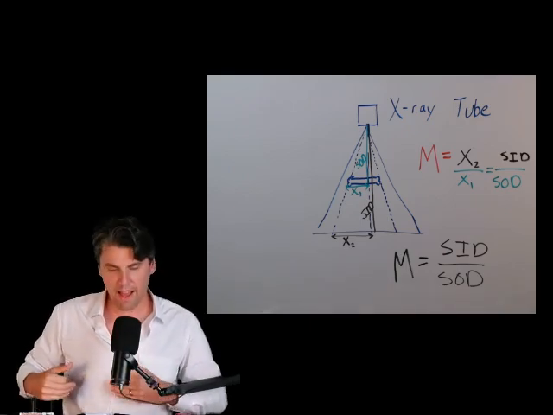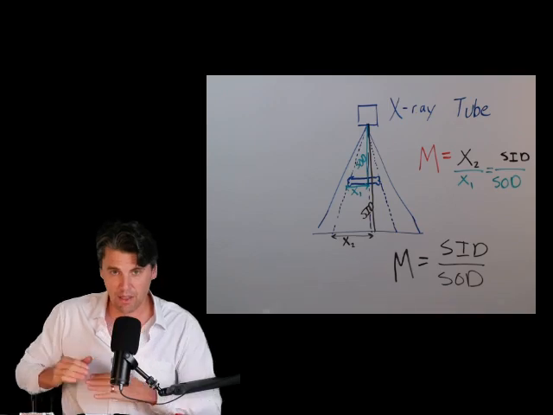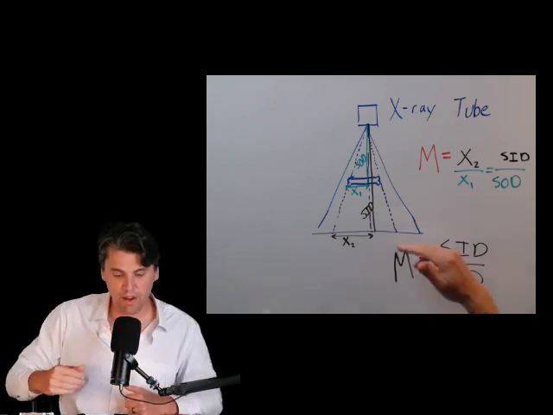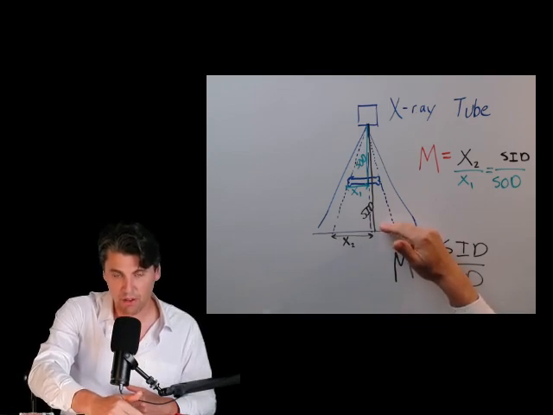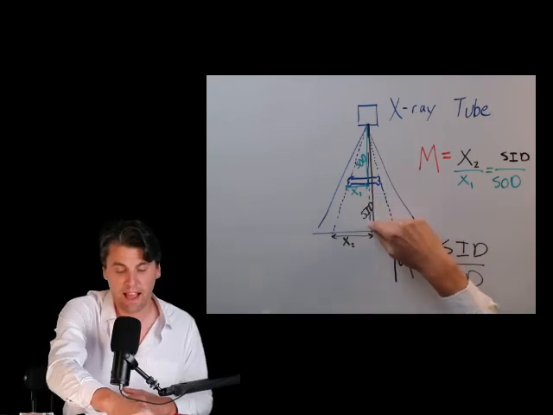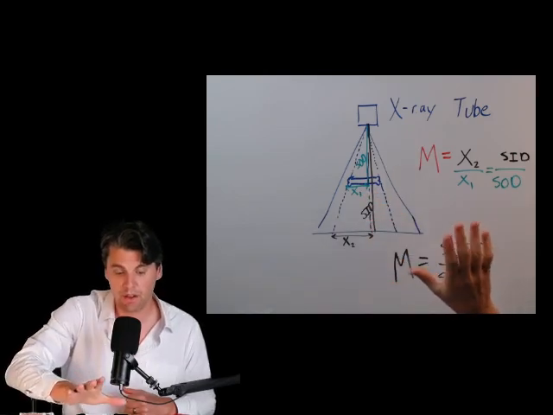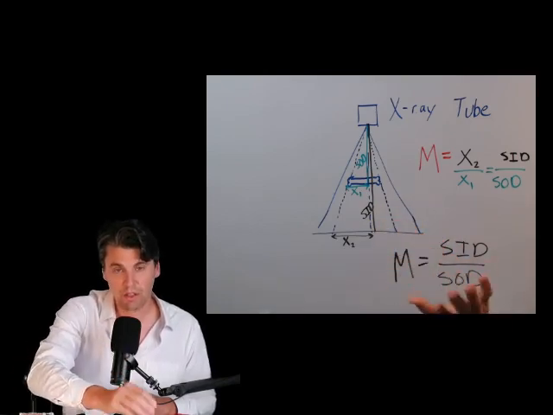You end up imaging with the patient very close to the image receptor. If you have the patient very close to the image receptor, that means the SOD and the SID are very close to one another. In that case, the magnification is getting closer to 1.